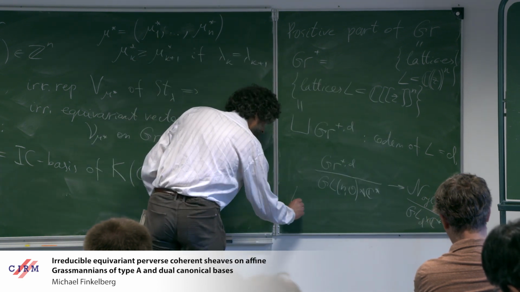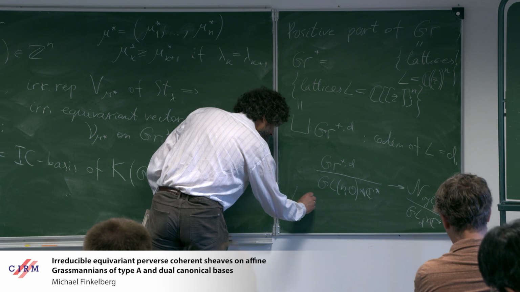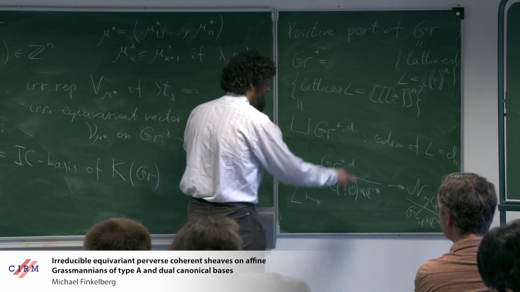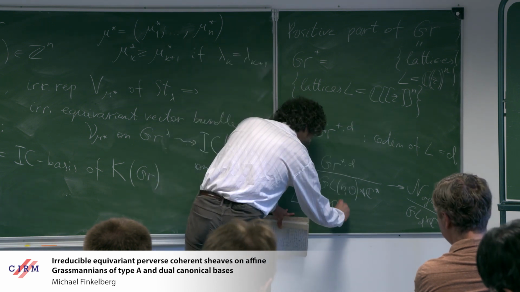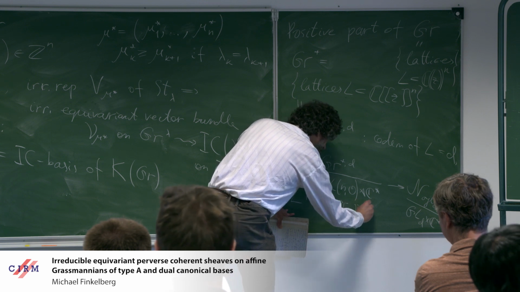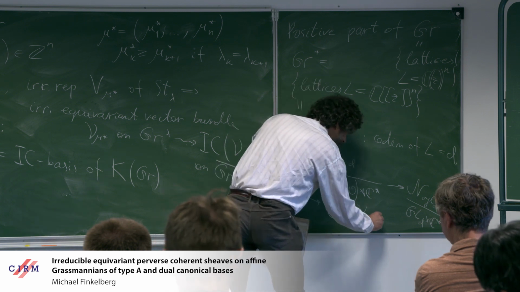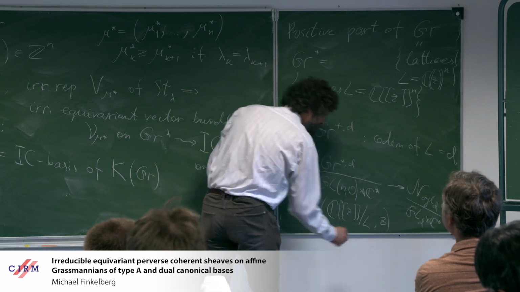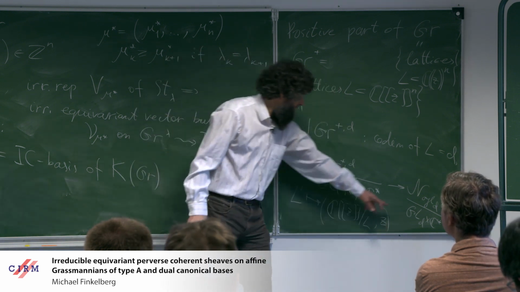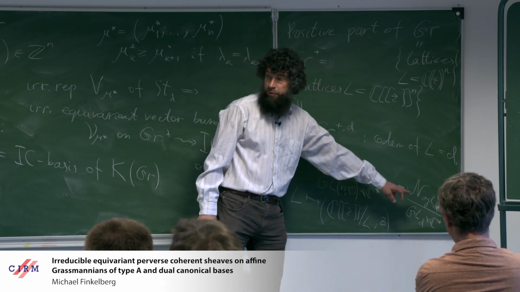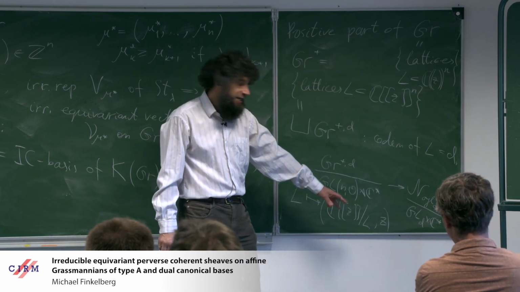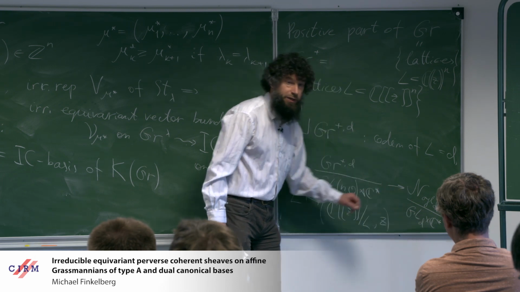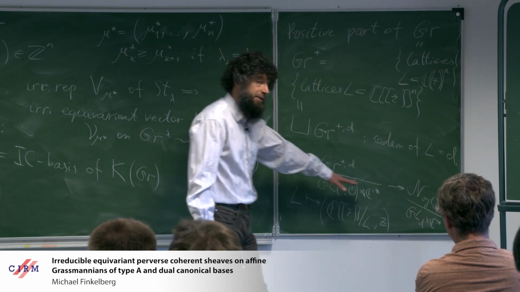Namely, a lattice L goes to the quotient of the standard one modulo L with the operator multiplication by Z. Okay, so this is a d-dimensional vector space, and it is explicitly with a nilpotent operator. It is not well defined, but up to conjugation, it is well defined. So there is such a morphism of stacks.